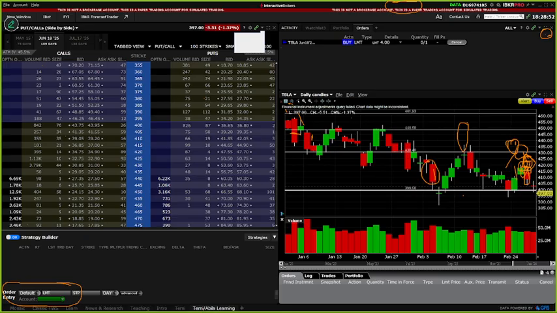I want you to change your chart to daily candle. I'll send it to you by email, your assignment. You draw your support and resistance on the daily candle, you snapshot it, you send it to me. Then you change to 4 hours, find support and resistance, snapshot, send it to me.